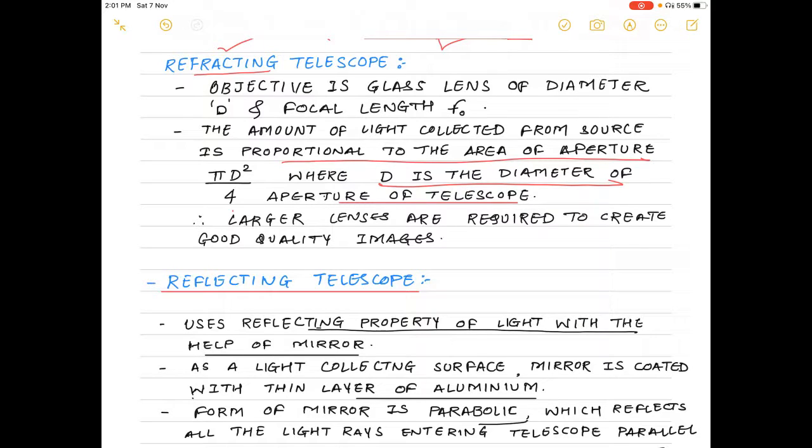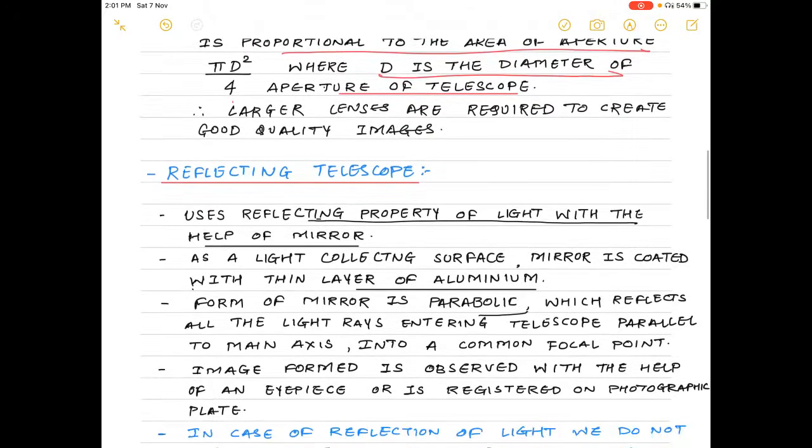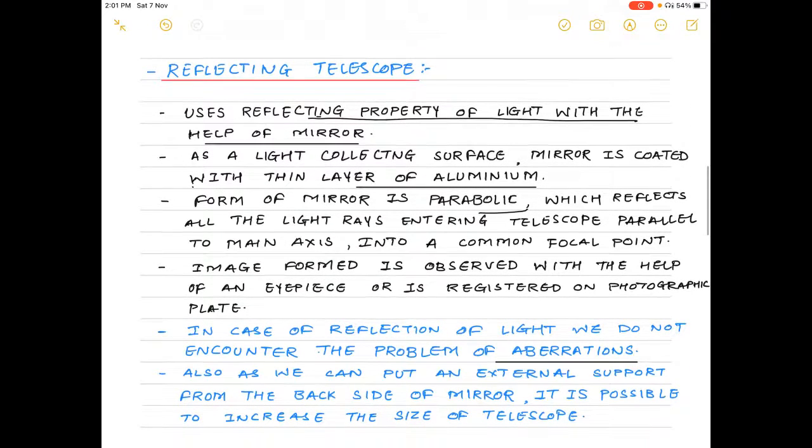So the majority of the telescopes which are used are reflecting ones. There are some modifications done to make observation through those telescopes easy, and depending upon those modifications, there are different types of reflecting telescopes as well.